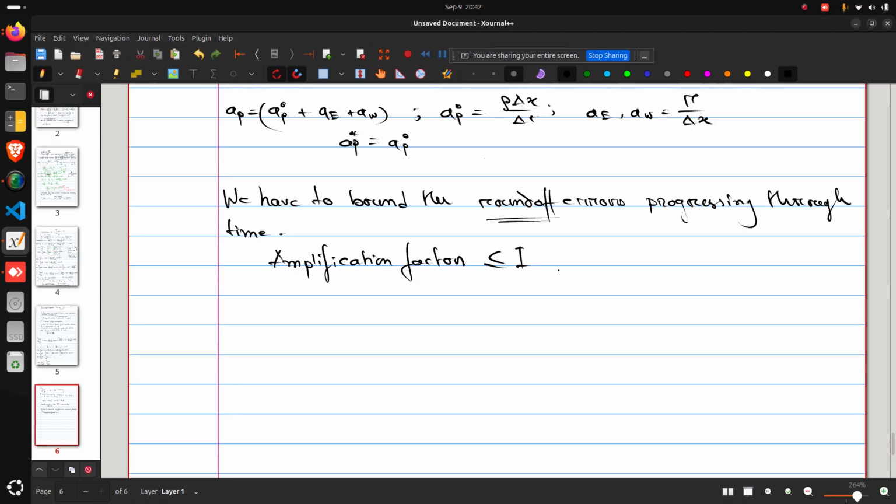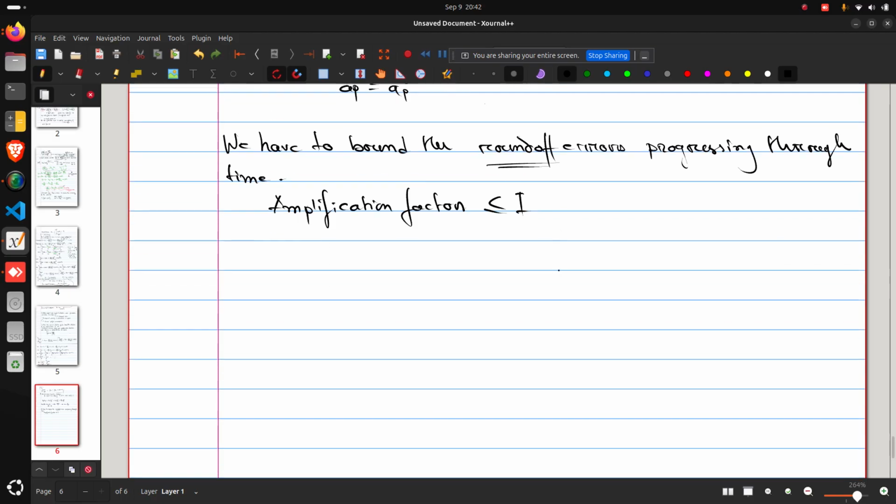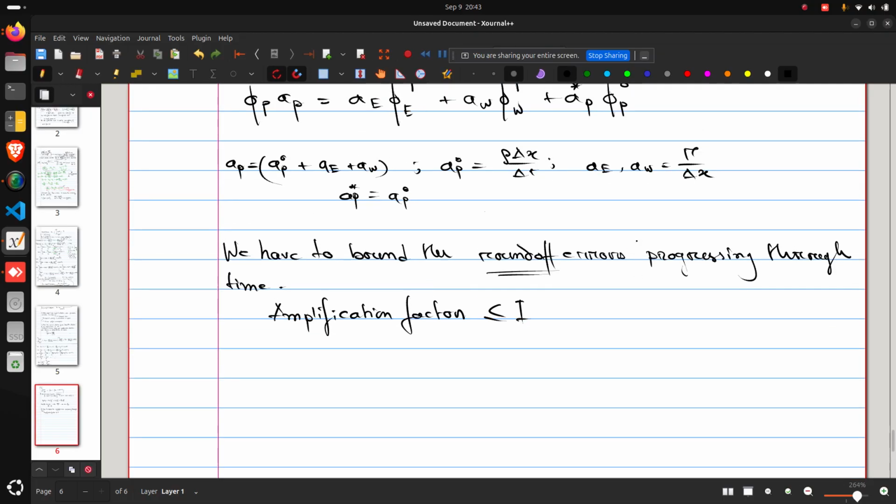That means the error at time t plus delta t divided by the error at time t should always be bounded by 1. Okay. So now let us assume some kind of imaginary computer which is able to store all these values at infinite precision, which is denoted as capital phi.